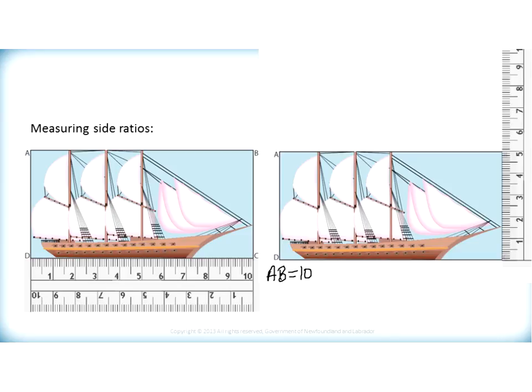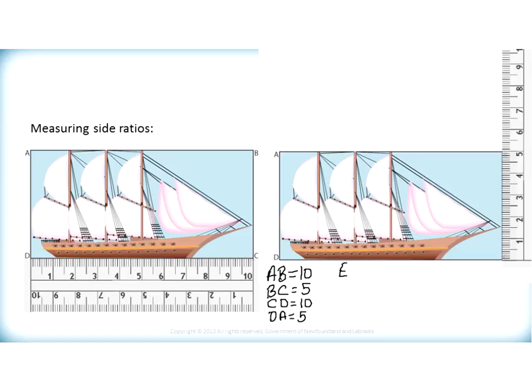BC is equal to 5. CD is equal to 10, and DA is equal to 5 as well.